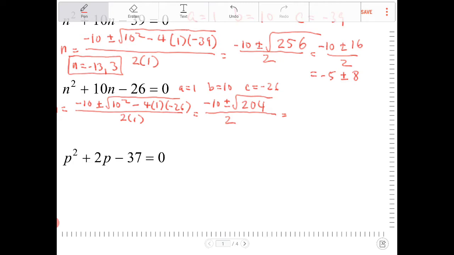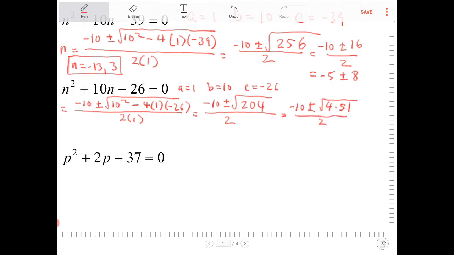So 204 divided by 4 is 51. So this is negative 10 plus or minus square root of 4 times 51, divided by 2. And the square root of 4 is really 2. So I end up with negative 10 plus or minus 2 square root of 51 all over 2. And the final answer is n equals negative 5 plus or minus square root of 51.